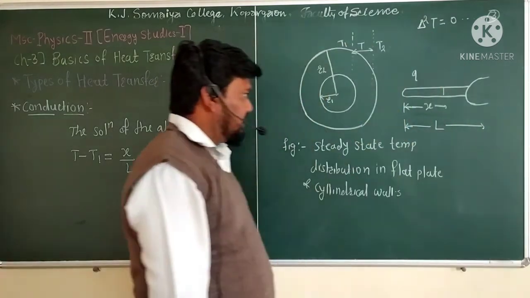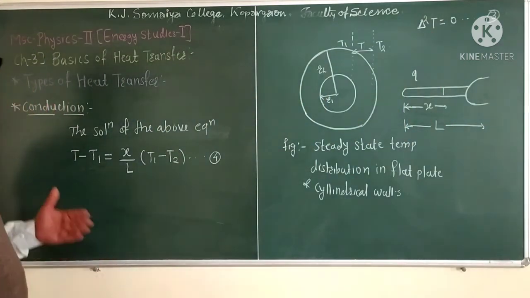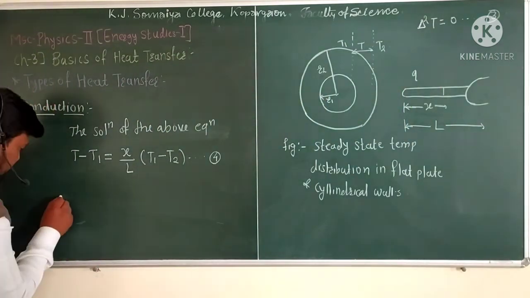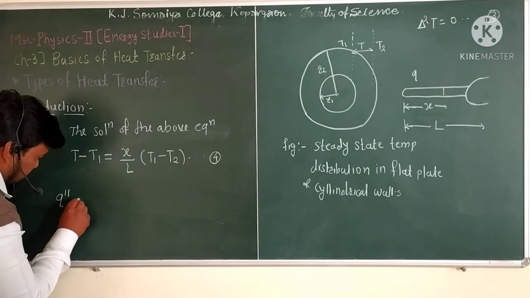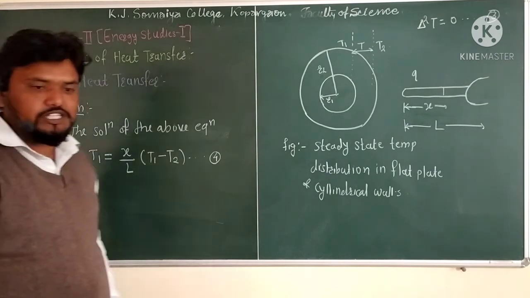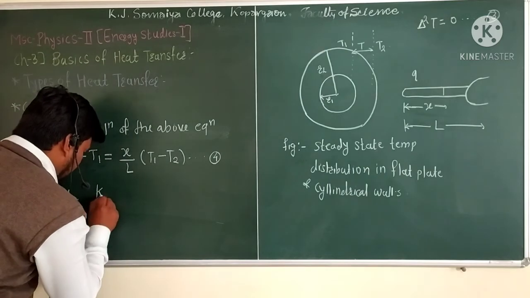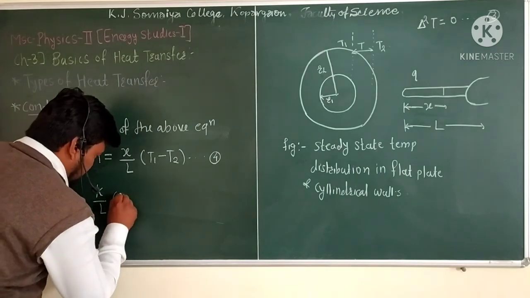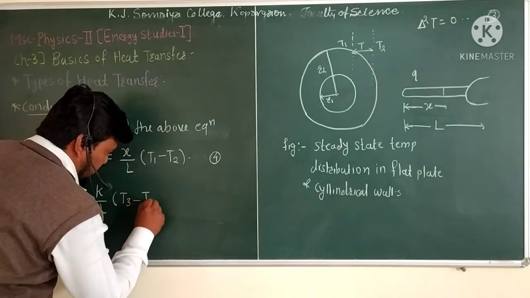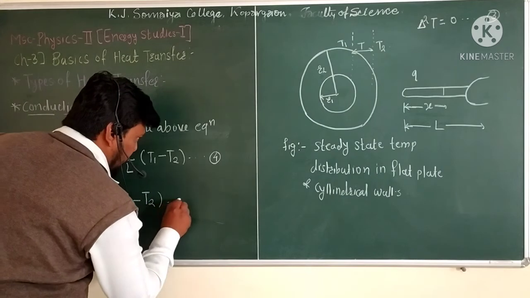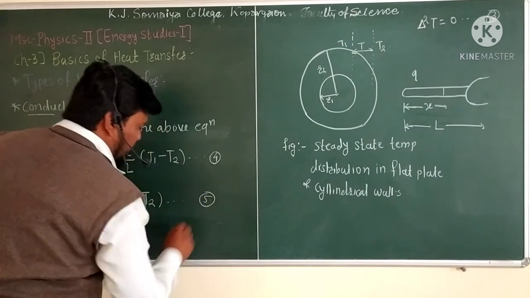According to the equation, for whatever heat is generated, the heat equation is Q double prime is equal to K by L, in brackets T3 minus T2, and this is equation number 5.